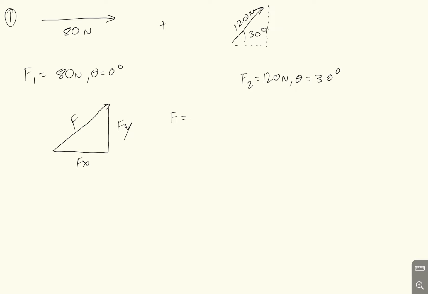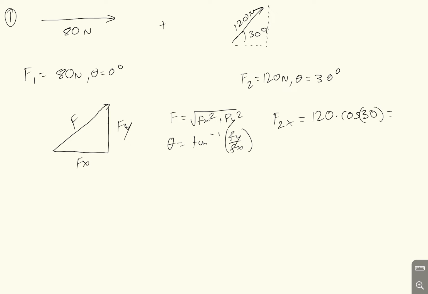So we know that by Pythagoras theorem, F is equal to the square root of Fx squared plus Fy squared. And then theta is equal to the inverse tangent of Fy over Fx. So then we can do F2x is equal to 120 times cos 30, which is equal to 130.92 newtons.